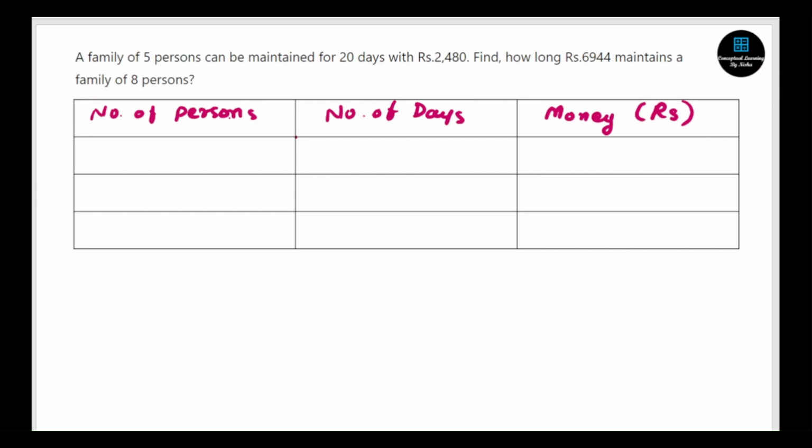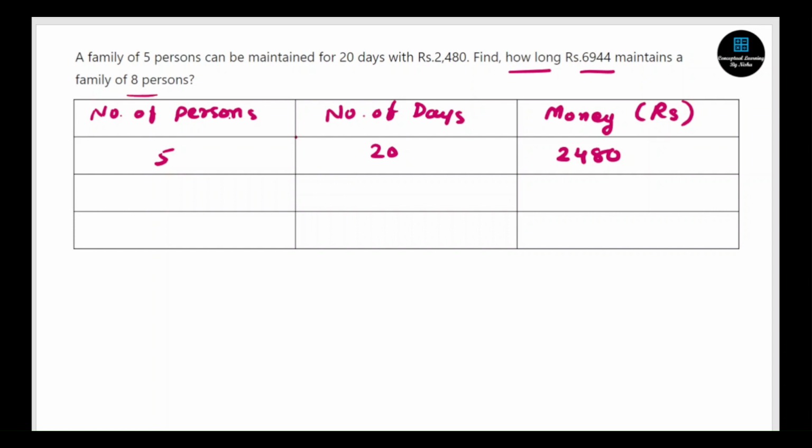Here the number of persons is 5, number of days is 20 and money is 2480. We have to find the number of days for this much money and for 8 persons.